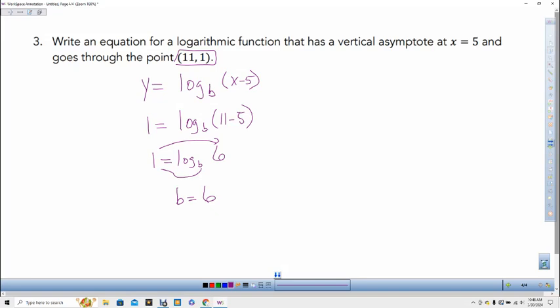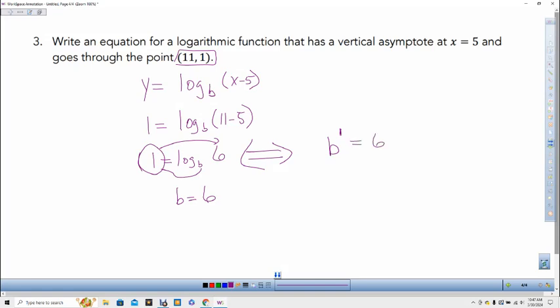Now, if that causes you some problems, remember, you can always take any log and rewrite it as an exponential. Log base b of 6 equals 1 can be rewritten as b to the first power equals 6, because remember the answer to a log is the power.